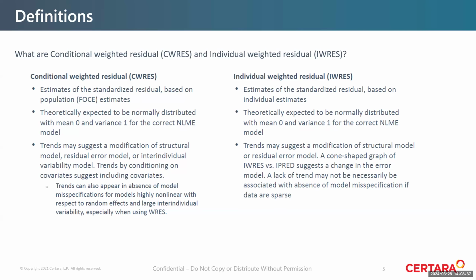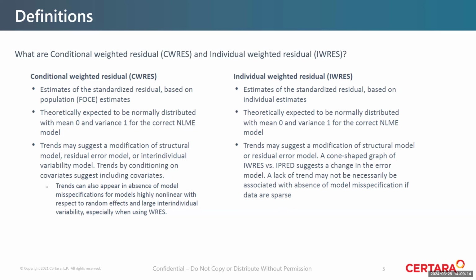There are a couple of definitions that came across during the presentations, and I'll just explain two. The first is conditional weighted residuals, represented by CWRES, which is at a population level. Then there are individual weighted residuals, which are at an individual level. Both of these are expected to be normally distributed with a mean of 0 and variance of 1. If there's any evidence of trends in these two, that means there's some sort of misspecification in the model.